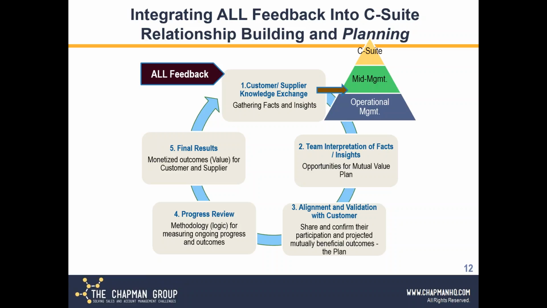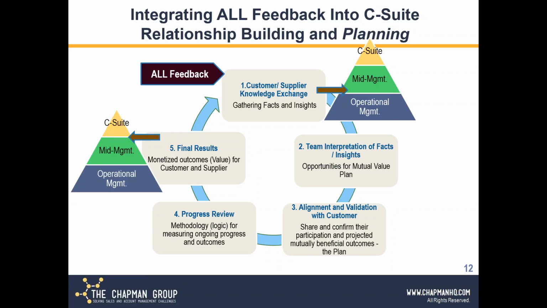Now, once I go through this whole process of working with my champion and customer to interpret it, align and get their validation, and do some progress reviews, ultimately, this journey should take me to the C-suite. And this is where I'm now well prepped, because I don't want to go there too prematurely.